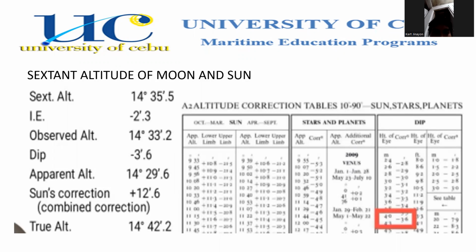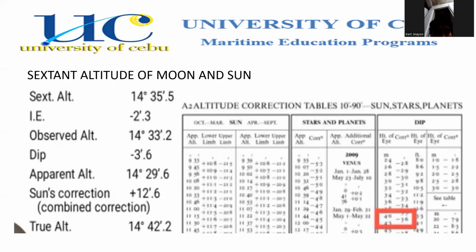So here, as you can see, is the nautical almanac. Sextant altitude is 14 degrees 35.5 minutes. IE is negative 2.3 minutes. Observed altitude is 14 degrees 33.2 minutes. Dip is negative 3.6 minutes.